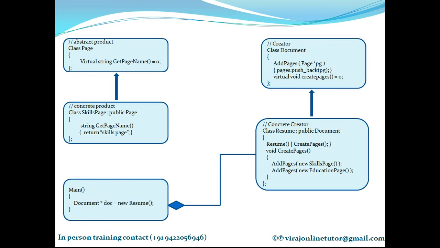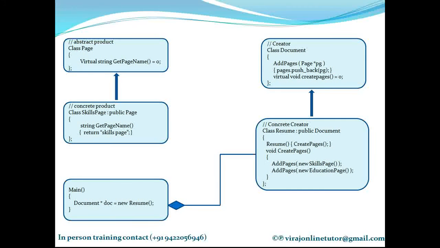Okay, so who is actually creating an object? Concrete creator. So concrete creator is actually creating the object, and this is the main function of my C++ class. What exactly am I doing here? I am creating a new resume and just saving it into a document pointer.